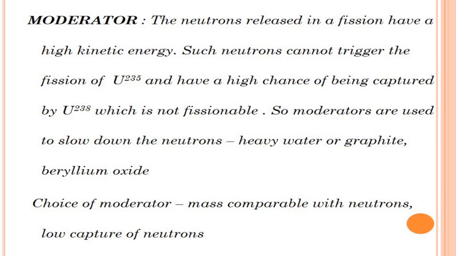And it should not capture or absorb the neutrons. So the second necessity is that moderator should have a low capture of neutrons. So we use the moderator in order to slow down the fast moving neutrons released in a nuclear fission process, and the moderator must have a mass comparable with the neutrons and it should have a low capture of neutrons.